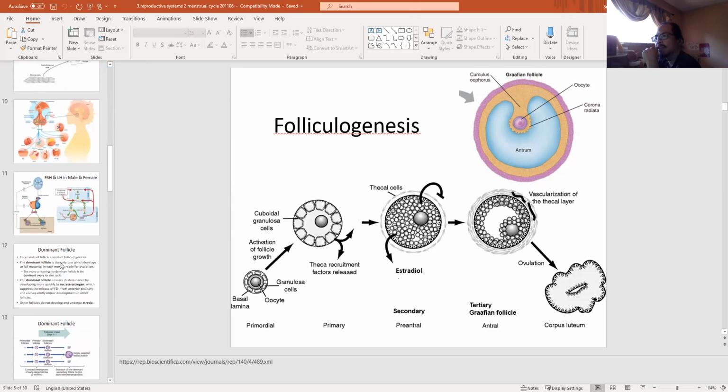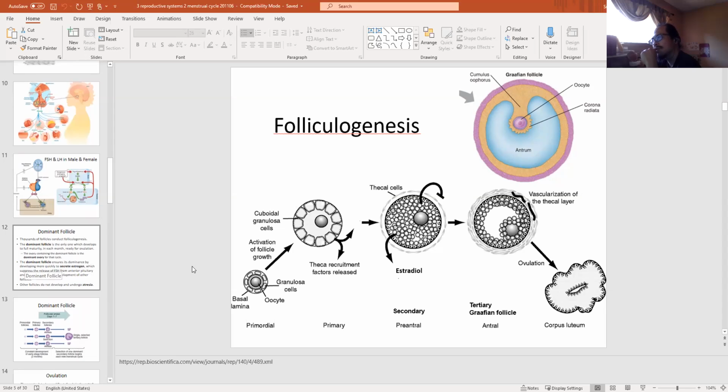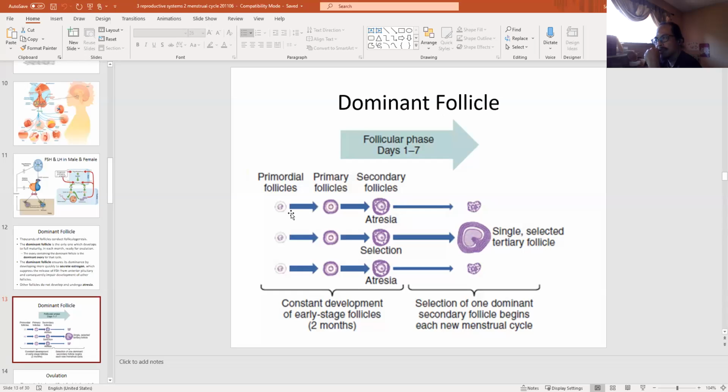However, by the end of these 28 days or even 2 months of growing, only one continues to grow toward the end. This is called the dominant follicle. So here is folliculogenesis: each time, a group of follicles gets stimulated by the follicle stimulating hormone, and they all grow, but only one wins over the others.